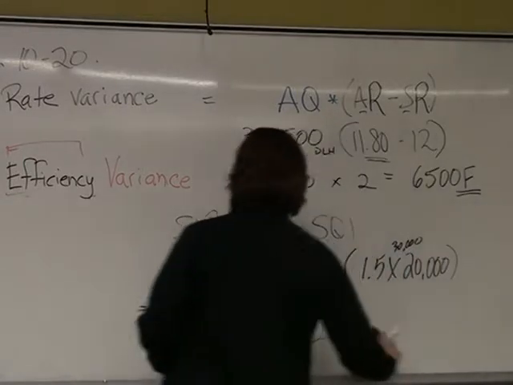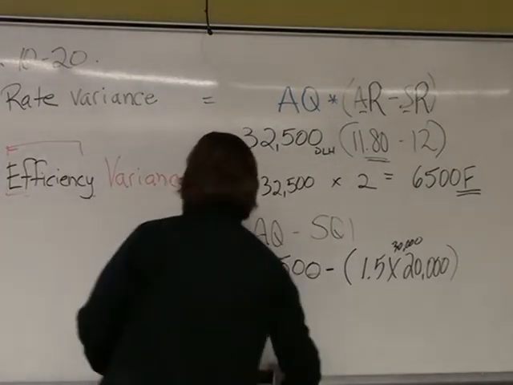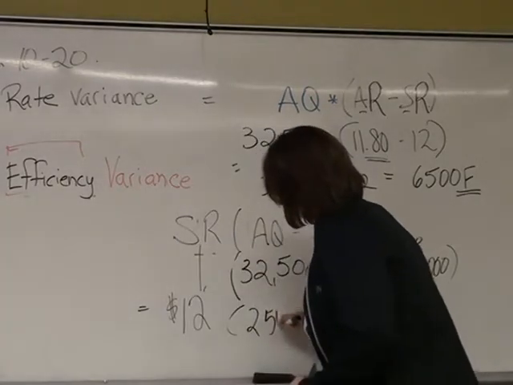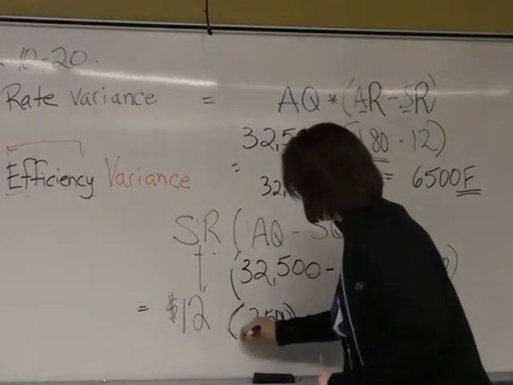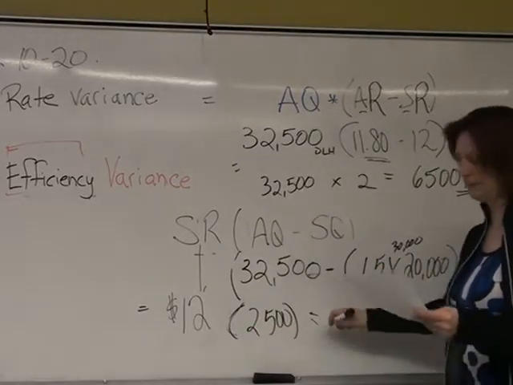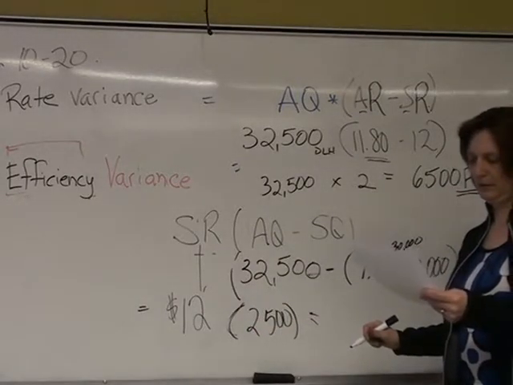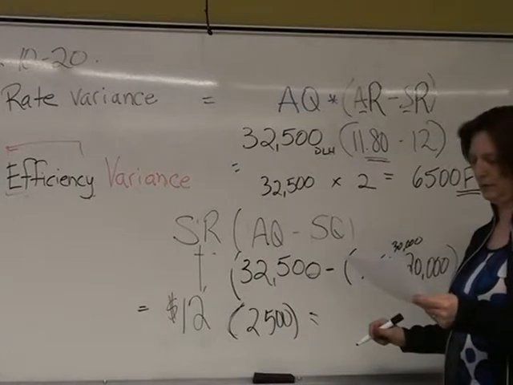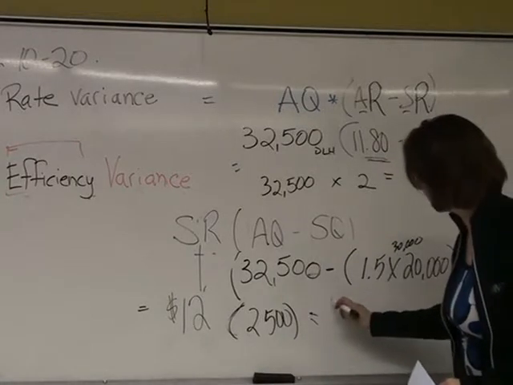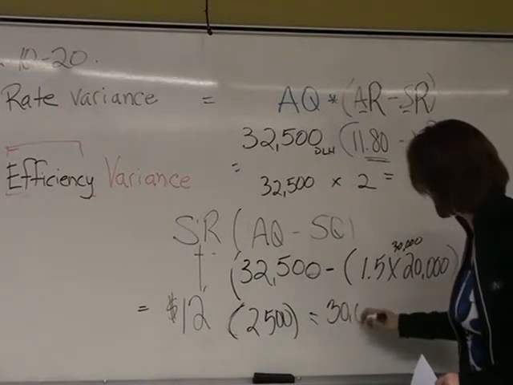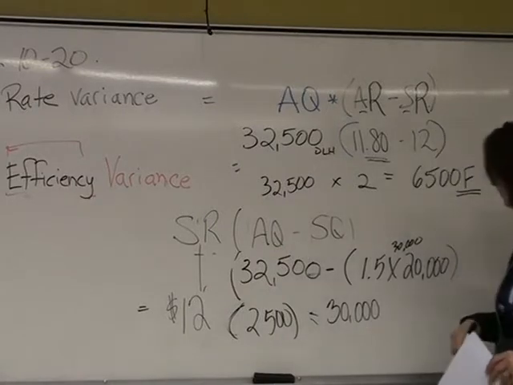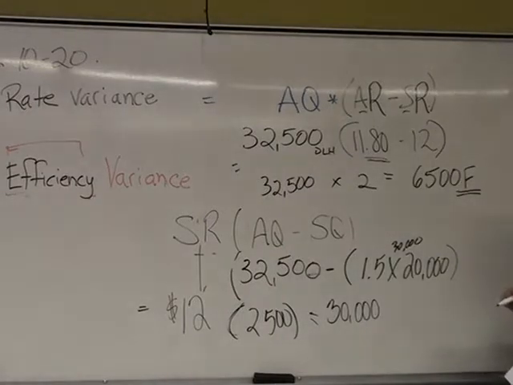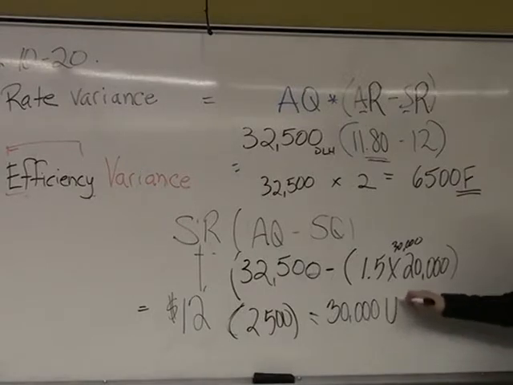So this is now 2,500 times 12 is 30,000. Thank you. And is this favorable or unfavorable? Unfavorable, because I used more than I thought I should.